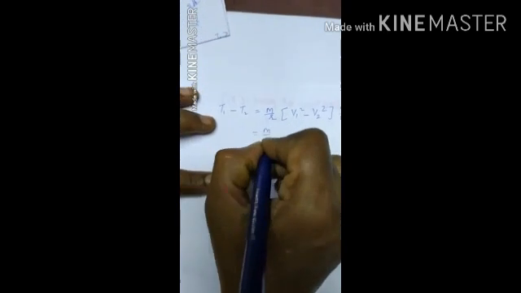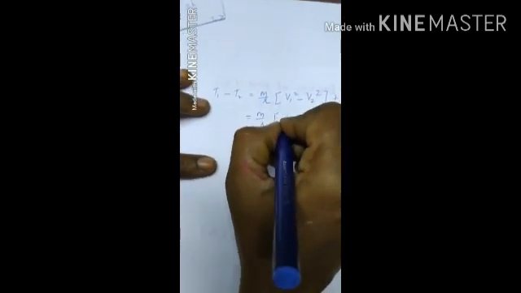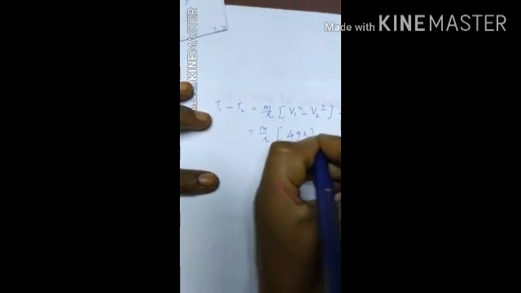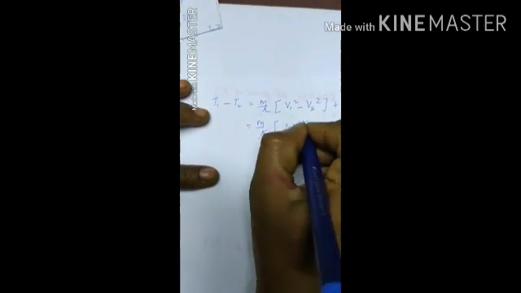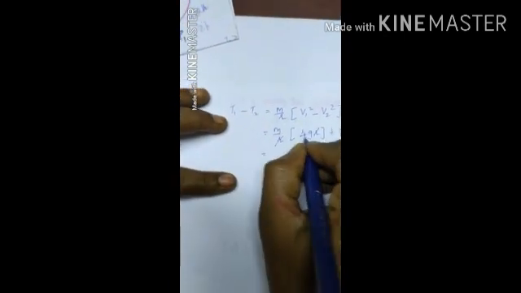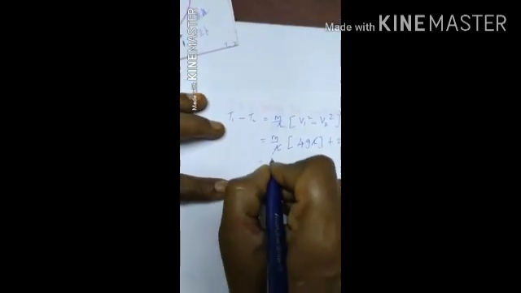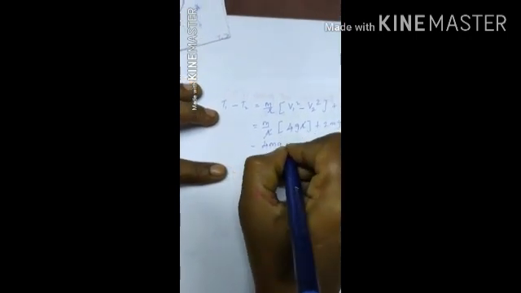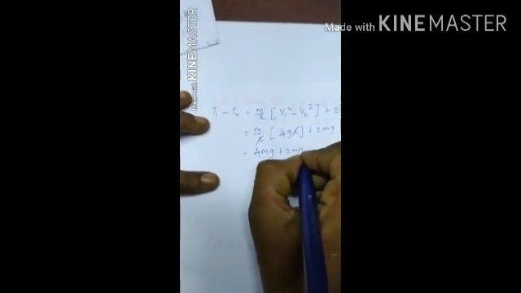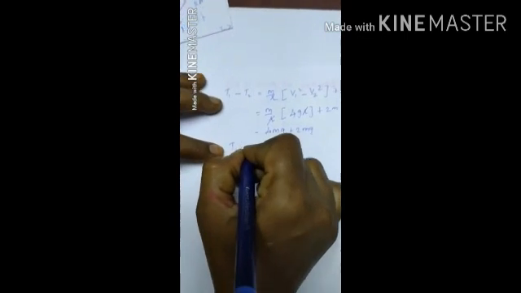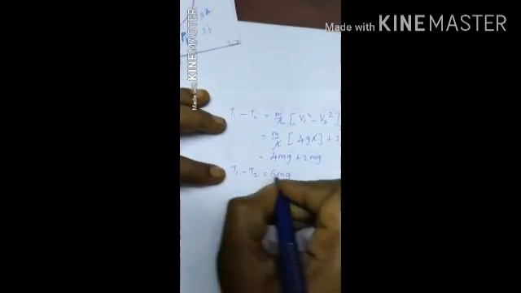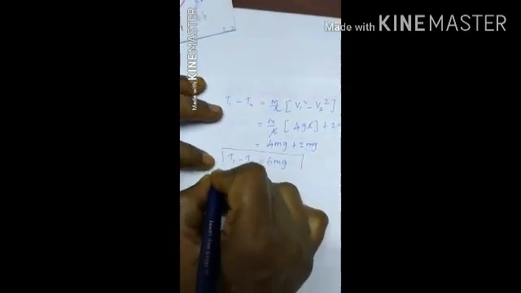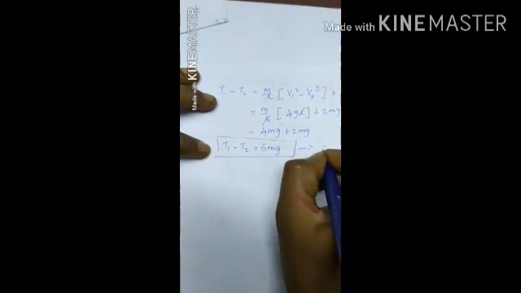So m by r times 4gr plus 2mg. Now we can cancel r and r. So remaining m into 4g. So we are writing 4mg plus 2mg. Now T1 minus T2 is equal to 6mg. This is equation number 3.